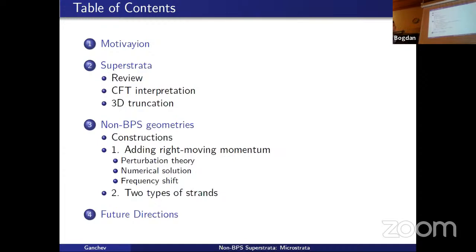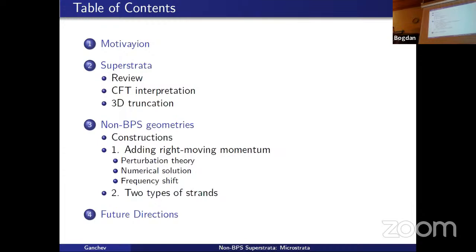I will mention the main playing ground where we are doing our constructions: a consistent truncation, in which a certain family of superstrata solutions fits. And then for the meat of the talk, I will focus on the non-BPS geometries that we have constructed and are trying to construct.